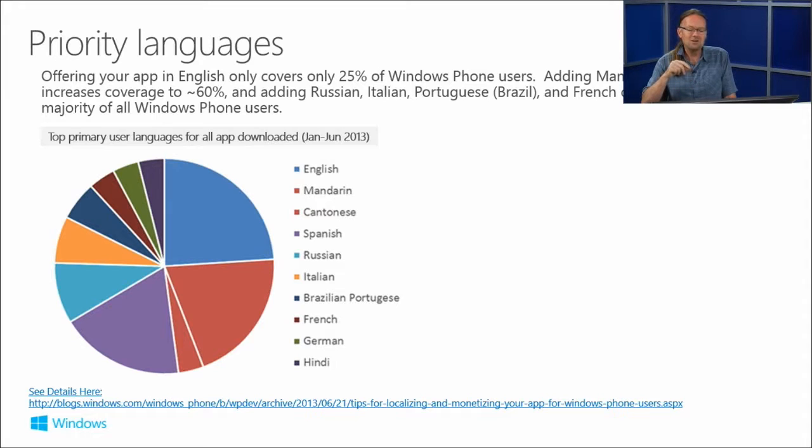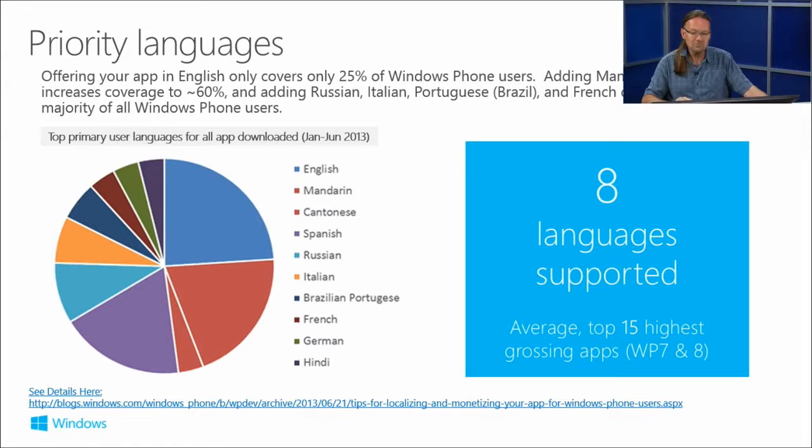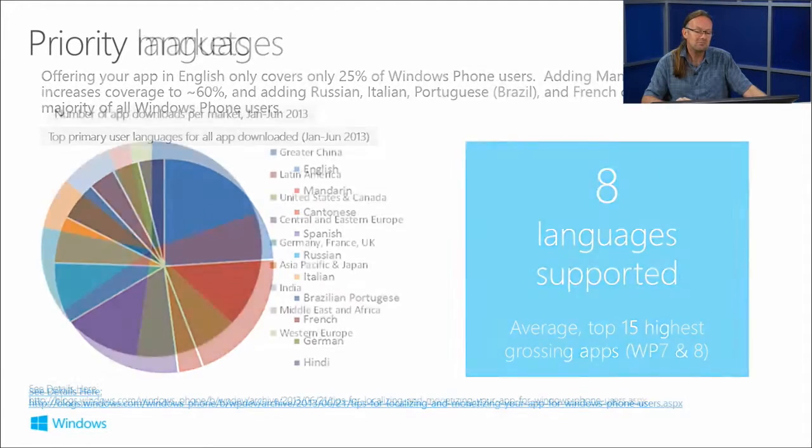But also, you could create an app that maybe doesn't do as well as you'd like in some markets, but you could be right up there at the top and get real good success in other languages if you take the trouble to localize to their language and their currency symbols and date formats, all that kind of good stuff. So for the top 15 highest grossing apps in the past, we typically support 8 languages.